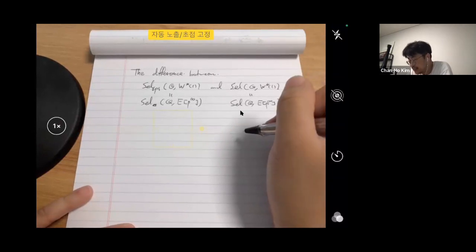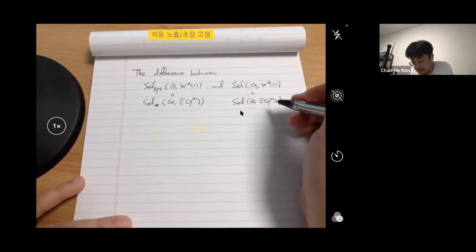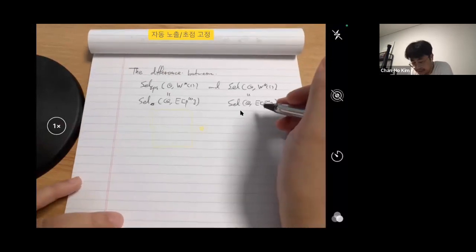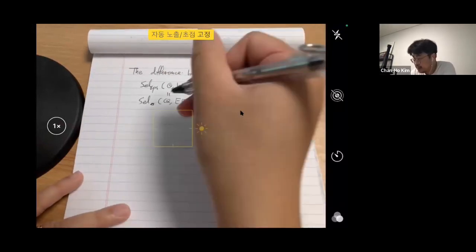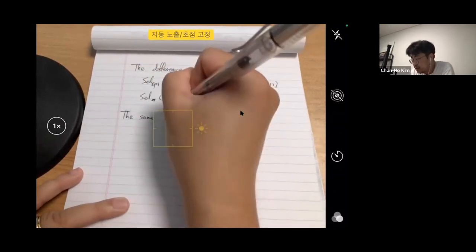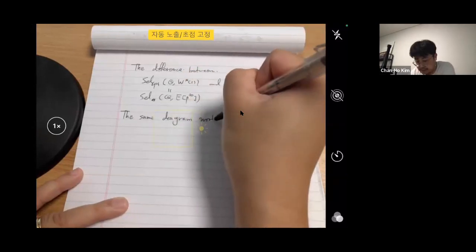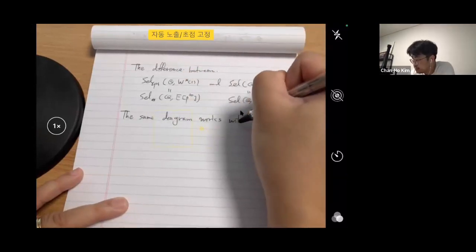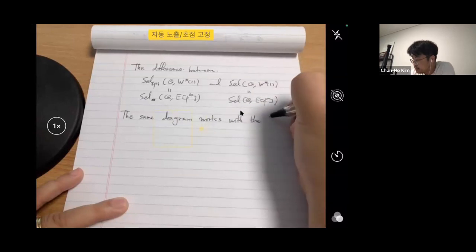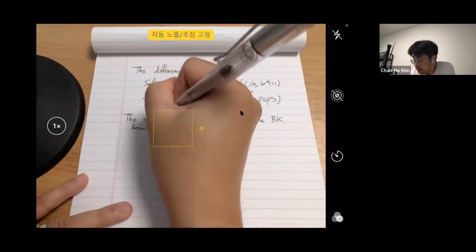And we use the same diagram in the global duality, but with a Bloch-Kato local condition at P. The same diagram works with a Bloch-Kato local condition at P.